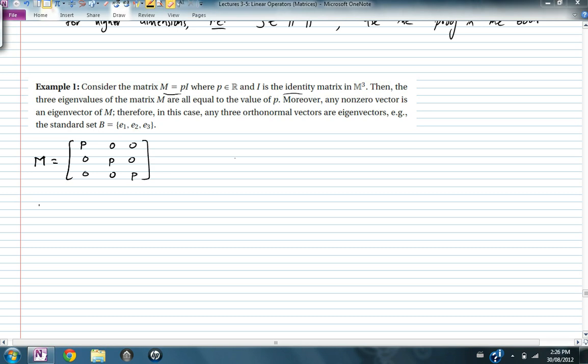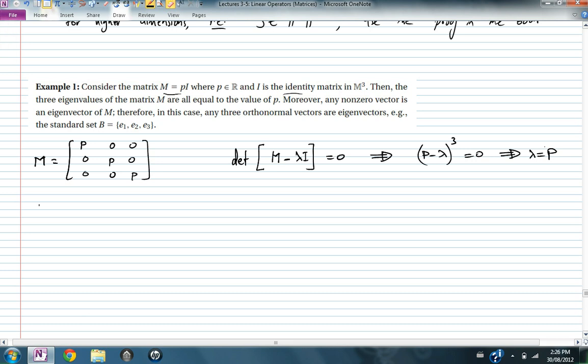Now, if you write the equation, the determinant of M minus lambda I is 0, you will get (P minus lambda) cubed equals 0, from which you get that lambda equals P. So we've got 3 eigenvalues, each is equal to P.